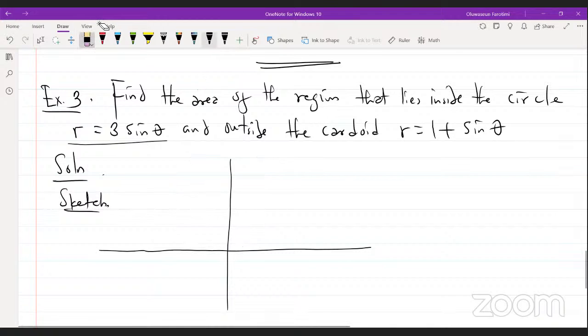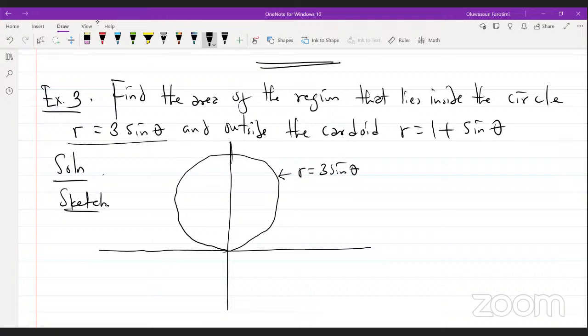Let me try if I get something better on my second try. Yeah, I hope this is better. This guy is r equals 3 sine of theta. But what is this cardioid? The cardioid looks like this.